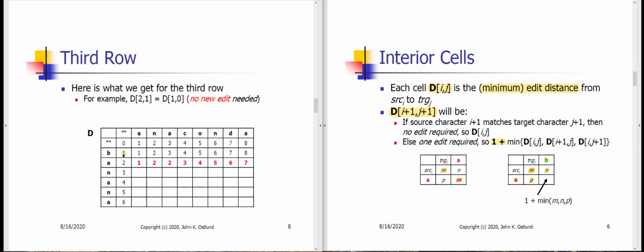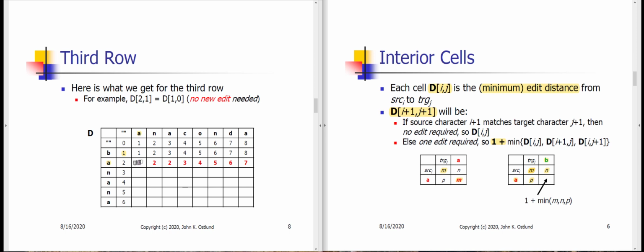Now, once we've done that deletion, the next two characters that we're comparing in the extended prefix of the source and the next character in the prefix for the target, those characters are equal. And our rule was that we then just copy down the diagonal value.